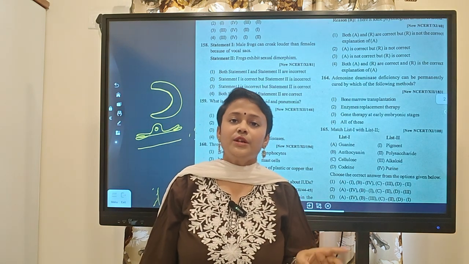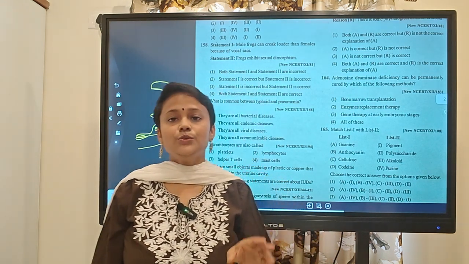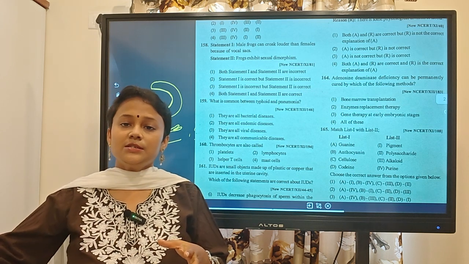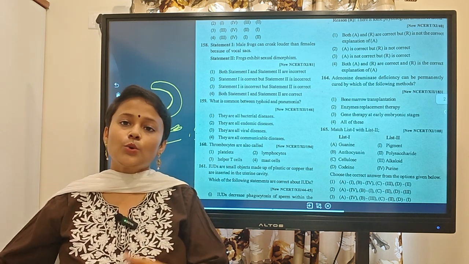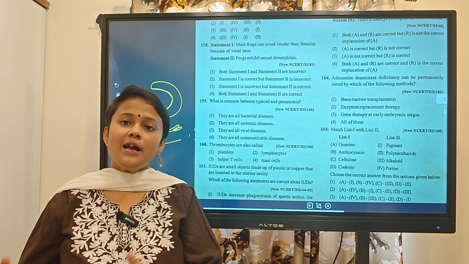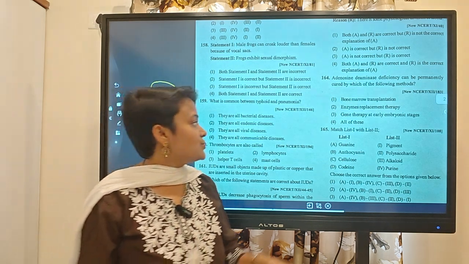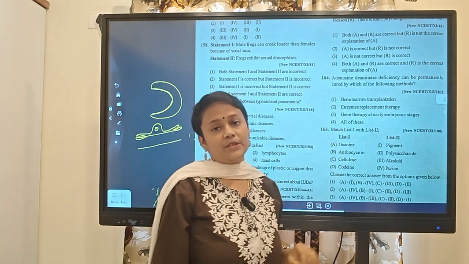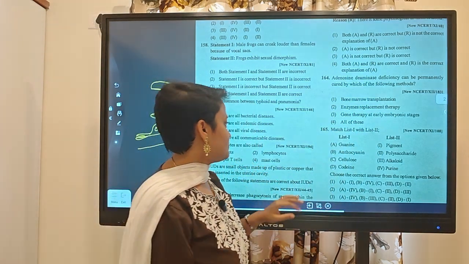So if we can do gene therapy at that stage, whatever differentiated cells grow after that will have the correct gene, right? So that's why gene therapy at early embryonic stages will be the permanent cure.